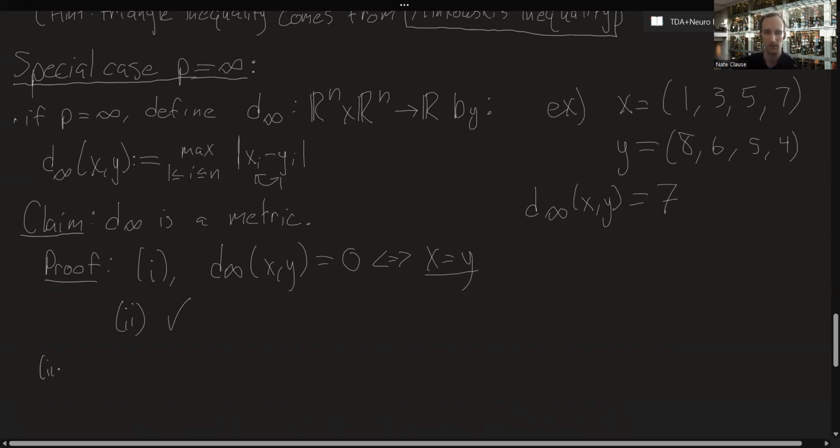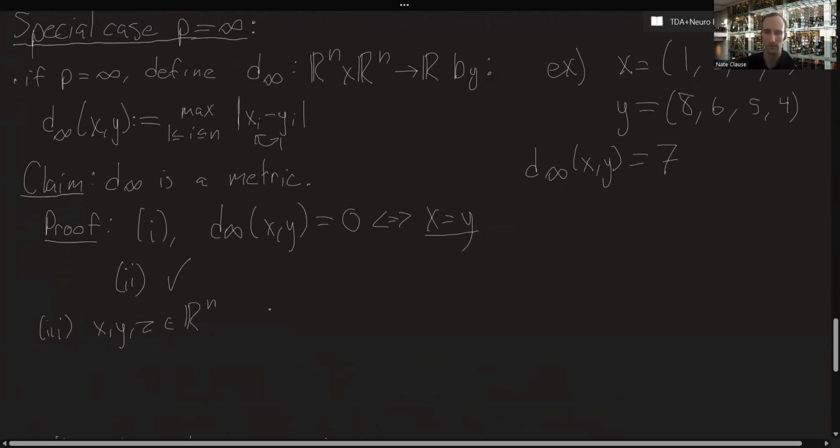For condition 3, suppose x, y, and z are in Rn. And furthermore, suppose that d infinity between x and z equals the absolute value of xj minus zj for some fixed j, 1 less than or equal to j less than or equal to n.